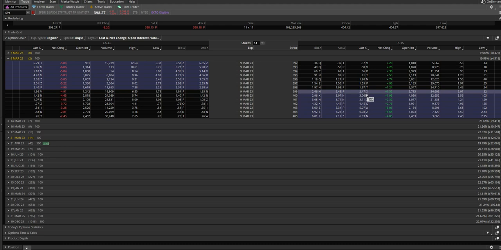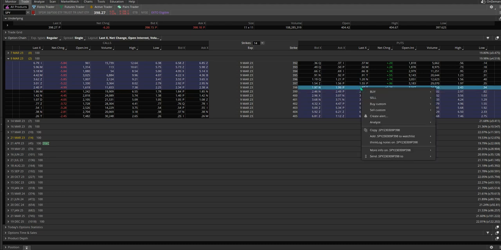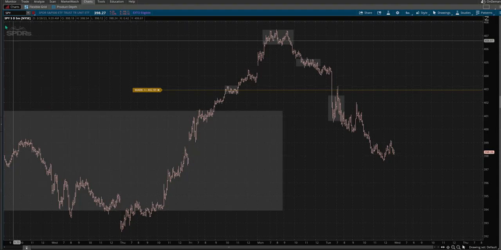So you pick one of these and you click on it, and then you just say right here, you can click buy and then single, and it takes you right into your platform. But I don't really use that tab.